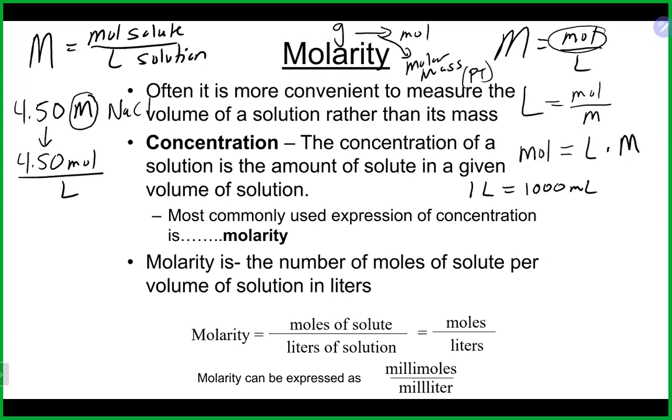You do want to make sure that whenever you're doing this calculation and trying to figure out moles, for example, the volume is always in liters when you multiply it by molarity. Otherwise, you actually don't get moles. You get what are known as millimoles if you multiply milliliters by molarity. If you don't recognize that, you'll be off by a factor of 1,000 on your answer. So you can take milliliters times molarity, but it gives you millimoles and not moles, which is most likely what you're looking for. So you don't want to do that.